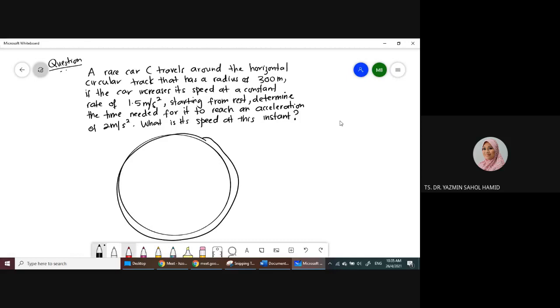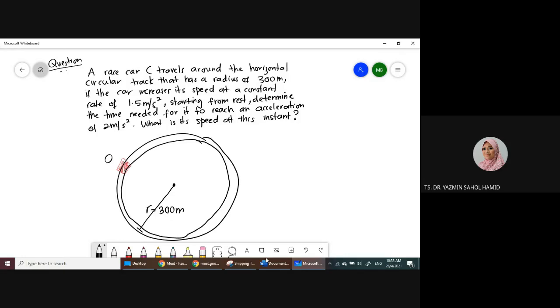Okay, let's say we have a car. The car is on a roundabout. I want to make the car red color. Okay, so we have a car. The car is C. And the radius from here to the center is 300 meter.